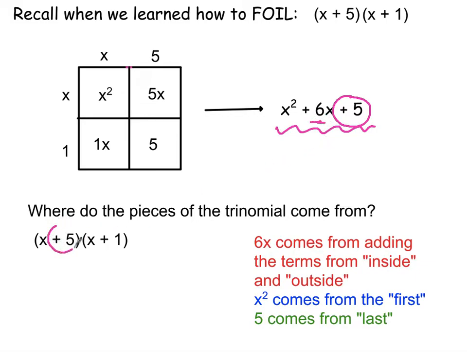So a 5 and a 1 multiply to 5, and then 5 and 1 add to 6. And it's, again, because the outsides and the insides together make the middle term, and these last two numbers make the last term. So they have to multiply to give you the last term and add to give you the middle term.